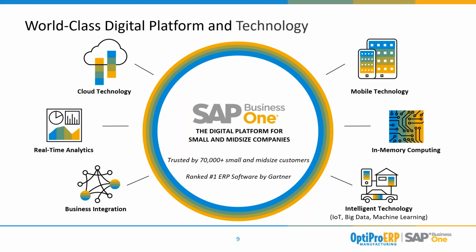An example that I like to highlight: even before COVID, we saw more of our manufacturing customers adopt and integrate e-commerce solutions with their ERP system as a way of adapting their business model and adding a new revenue and sales source and channel to their business, even for manufacturers that sell to businesses, B2B, as well as B2C.